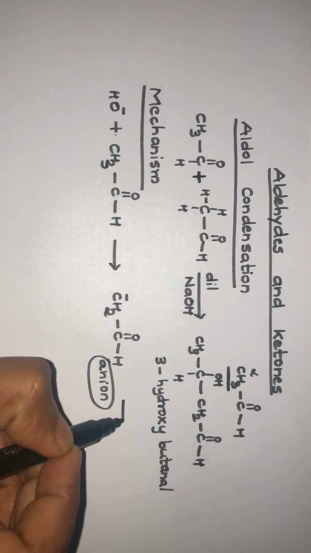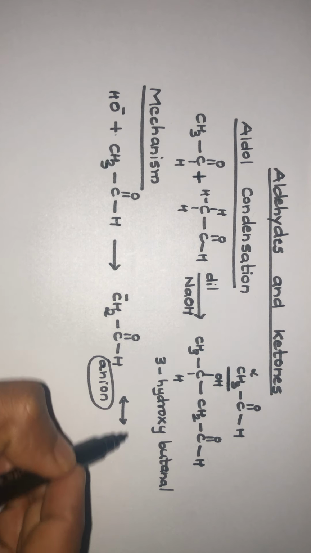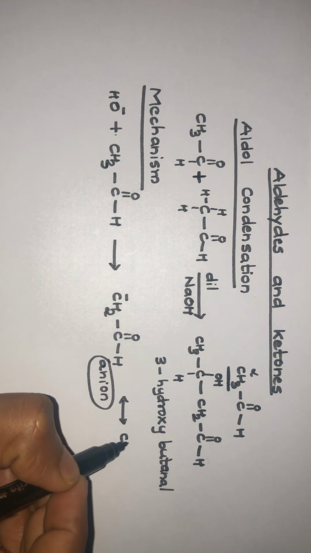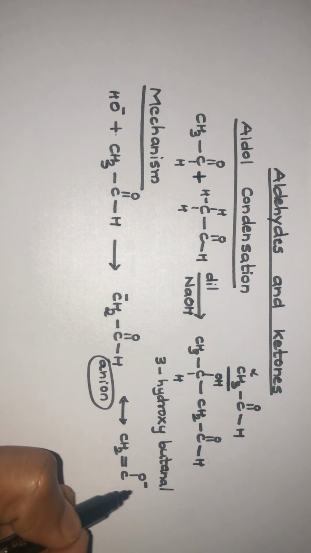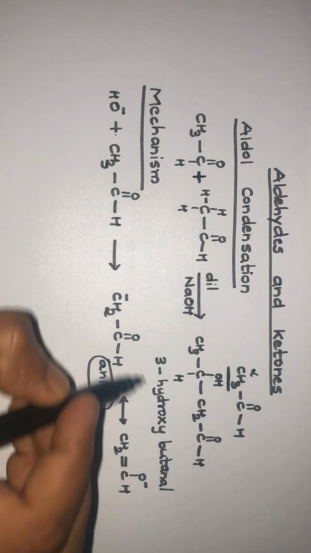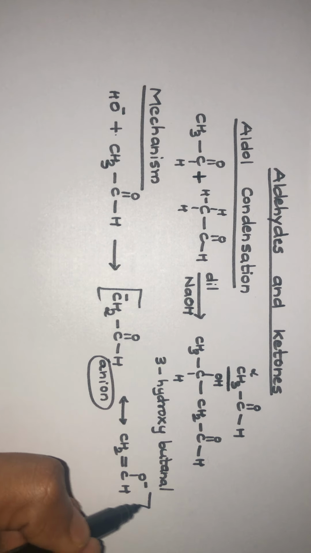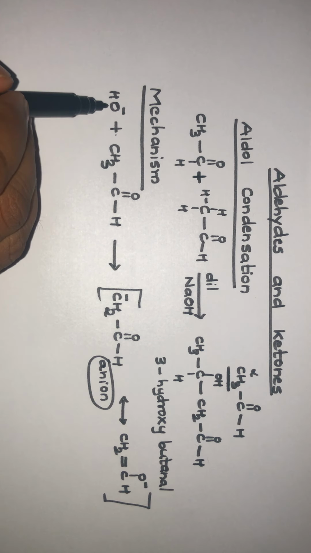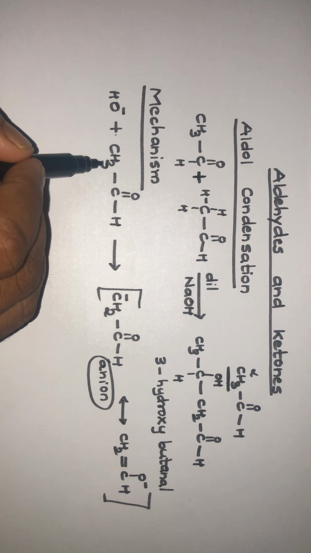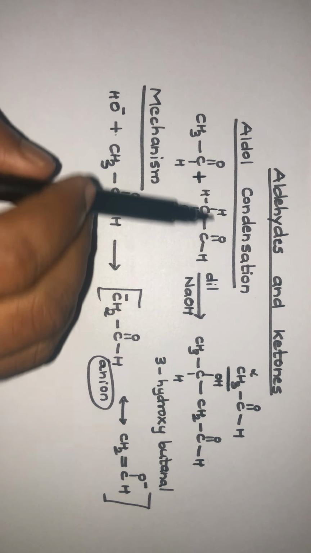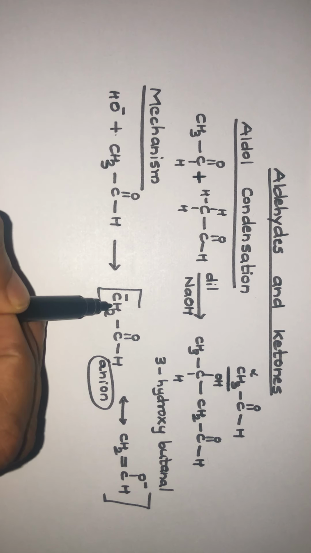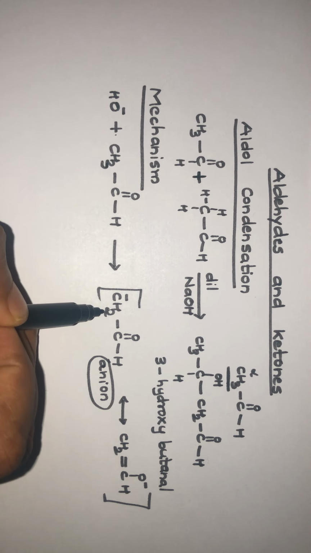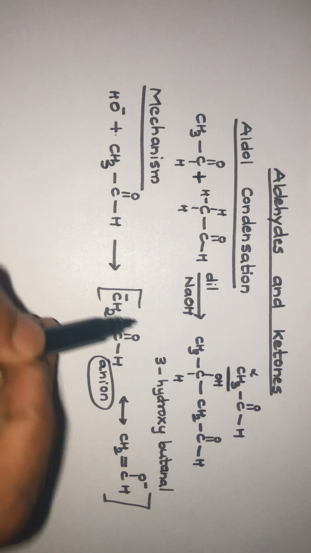I can just write it like this: this moves here, CH2 double bond C. So OH minus abstracts a proton. That is why molecules which contain at least one alpha hydrogen undergo this reaction, because the first step involves the abstraction of that alpha hydrogen.